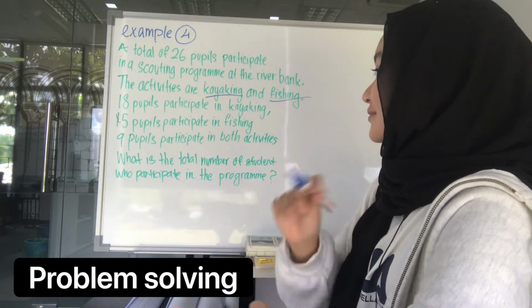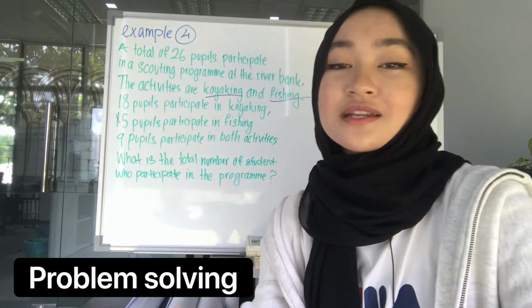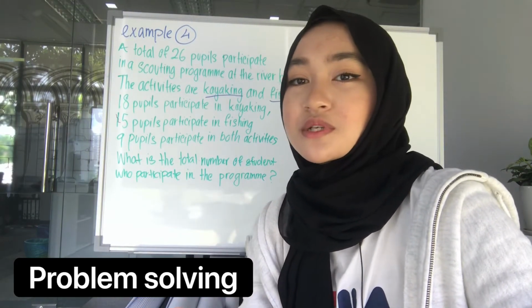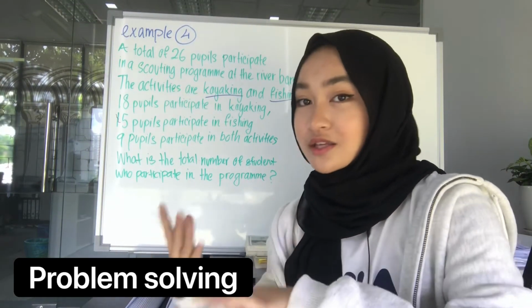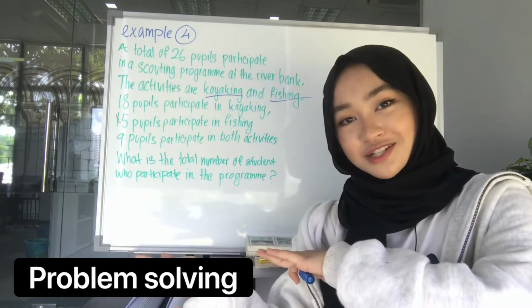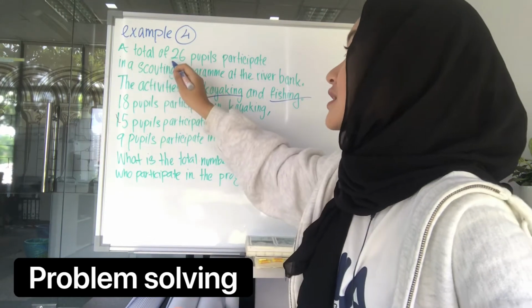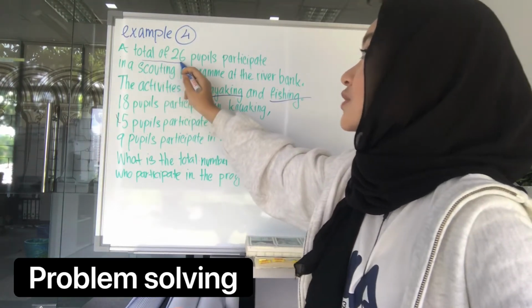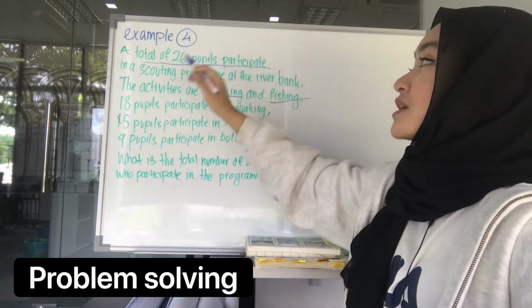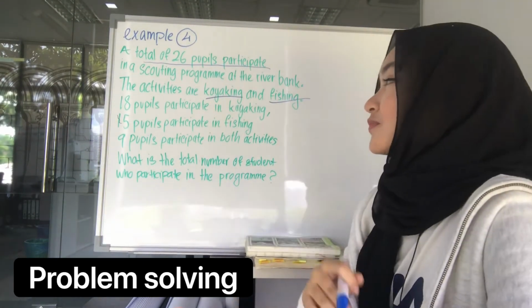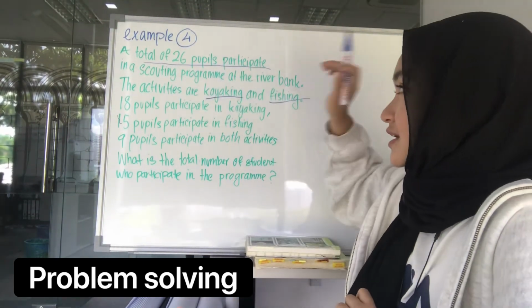So first we need to understand the problem, which means we need to list down all the information given from the question. The first information we got is a total of 26 people participate in the scouting program. Second, the activities are kayaking and fishing.